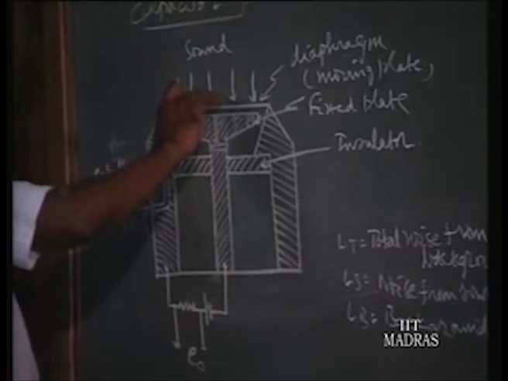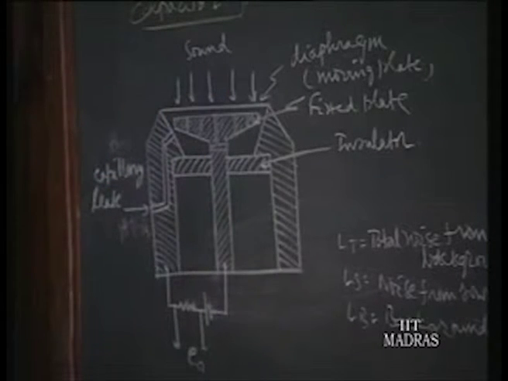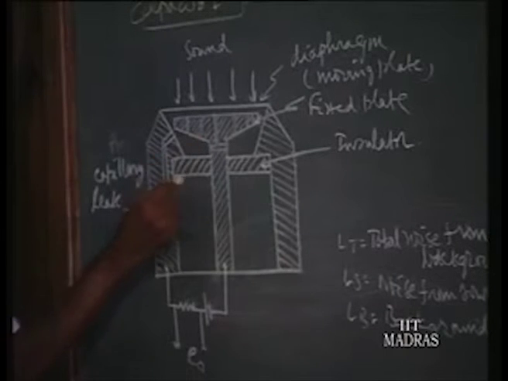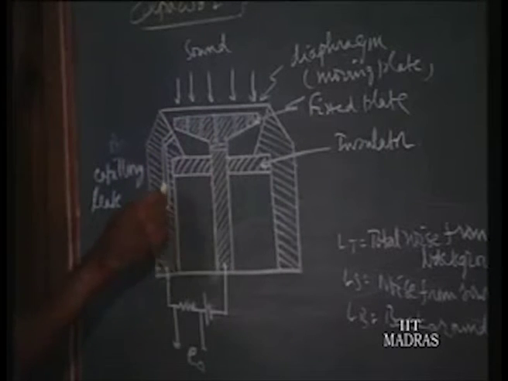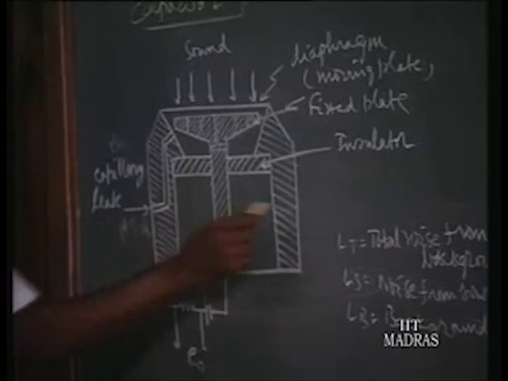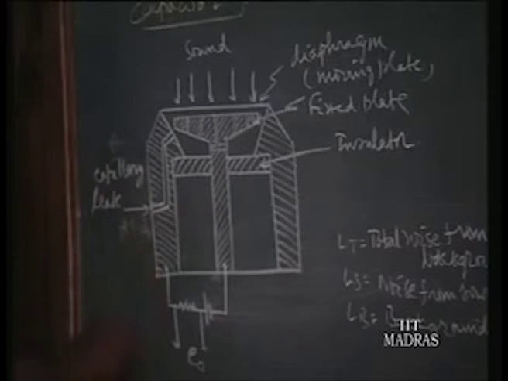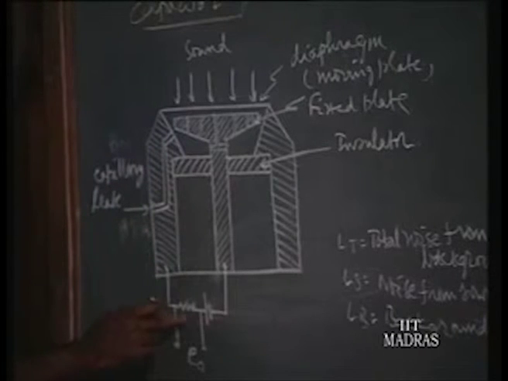Now this is a capacitor where the distance is varied due to the vibration of the diaphragm. You find that these two plates are separated by an insulator, and the center piece as well as the metallic housing outside, where the diaphragm is fixed, is connected to a battery through a resistance R. So it forms a full circuit, a simple circuit with a single capacitor and a constant resistance.